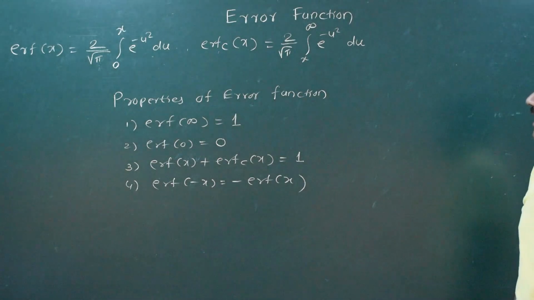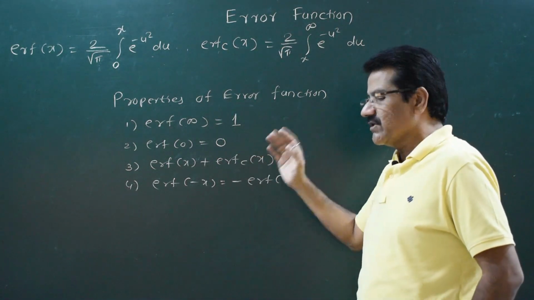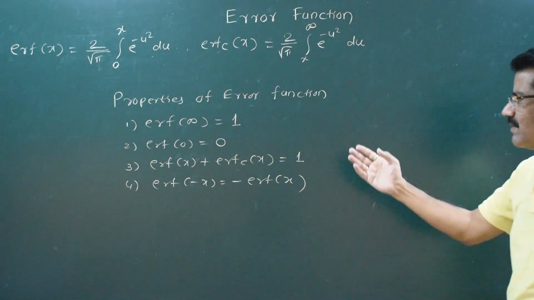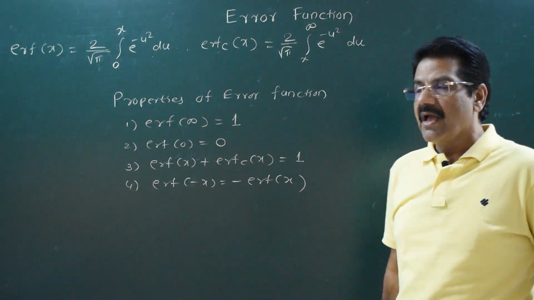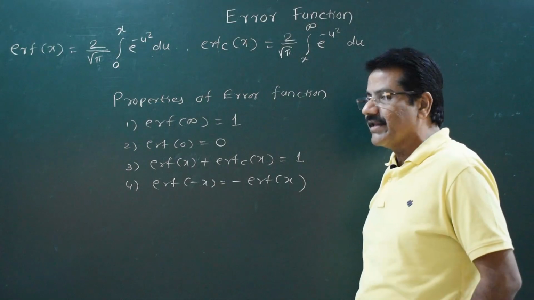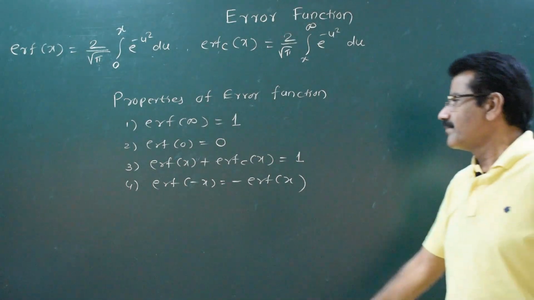Now we will take four important properties of the error function that we require while solving examples. We have to remember all these properties, and they can be proved very easily using the concept of definite integration or by using properties of definite integration.